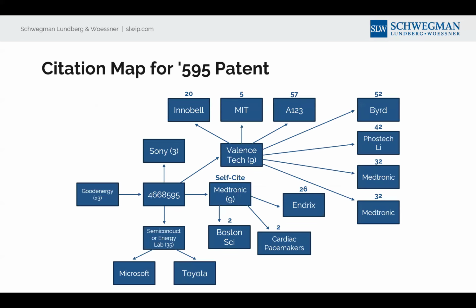Okay, and here you can see the 595 patent, the Goodenough patents that it cited, and then Medtronic cited this patent, and then drafting off of Medtronic were Boston Scientific, Cardiac Pacemakers, and Hendrix. Valence Tech, which is in the business of metal finishing, and a company called Innobel was drafting off of Valence Tech, and they were also in this finishing business. A123, now that has a really interesting history.